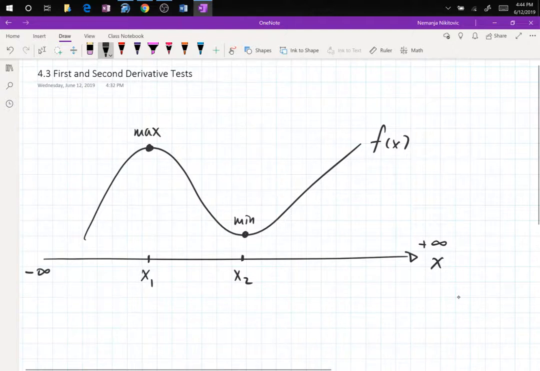In red, somewhere over here, there is going to be another value, let's call it x0.